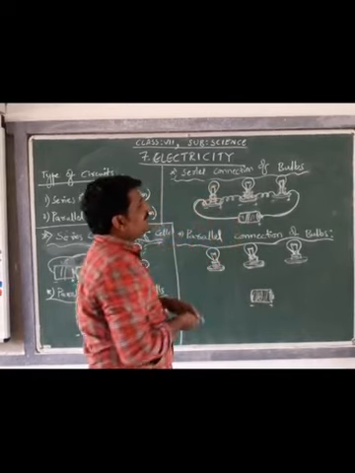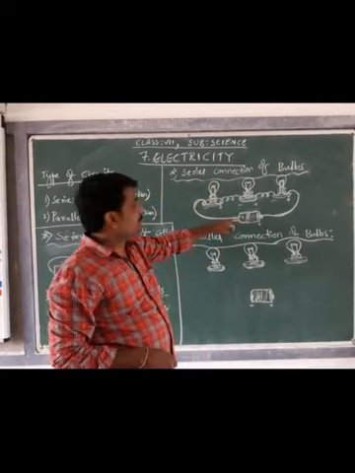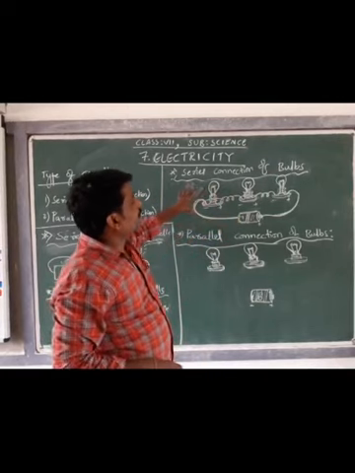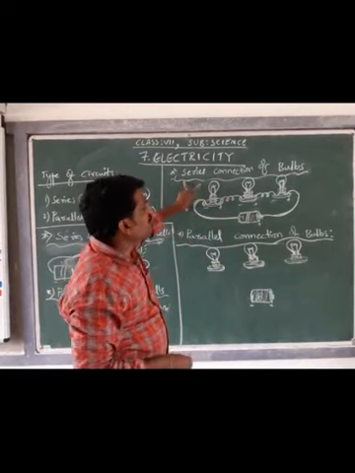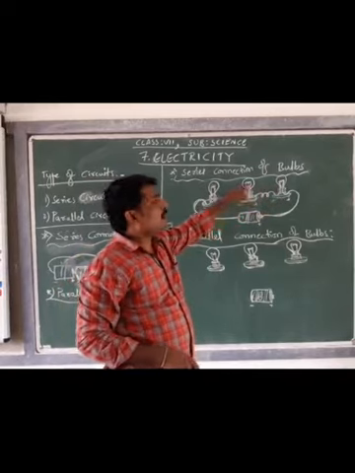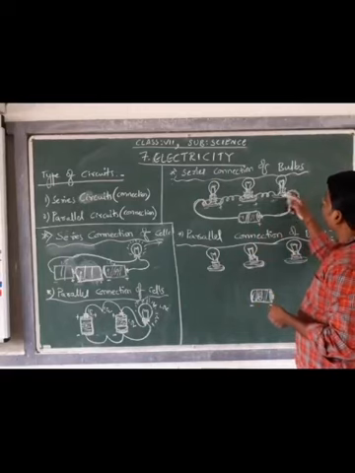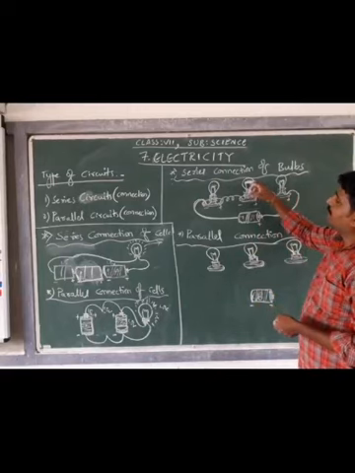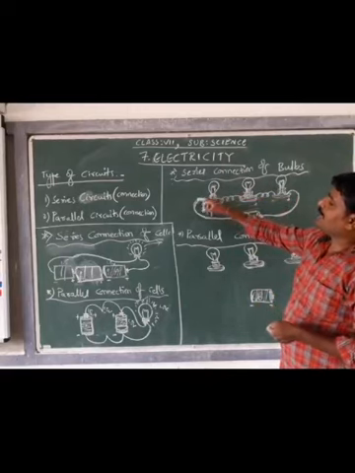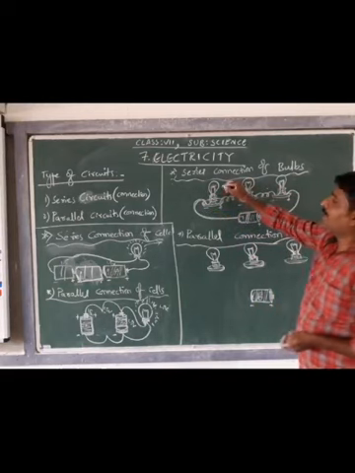That is, it has a complete path where all the bulbs in the circuit have one path of electric flow. The electric current will flow in only one direction, one path. It chooses only one path to glow all these three bulbs.